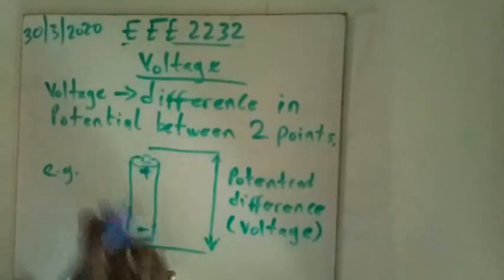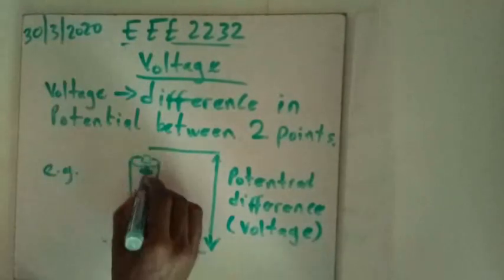So there are two electrical potential points.